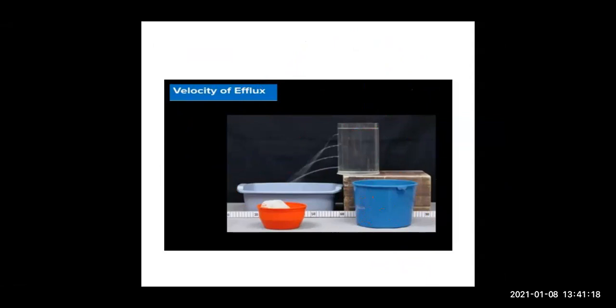From the upper hole, the water comes out with less velocity, but from the bottom hole, the velocity of the water is high. This was given by Torricelli, and it is also known as Torricelli's law of efflux. Right, children? Torricelli's law of efflux.